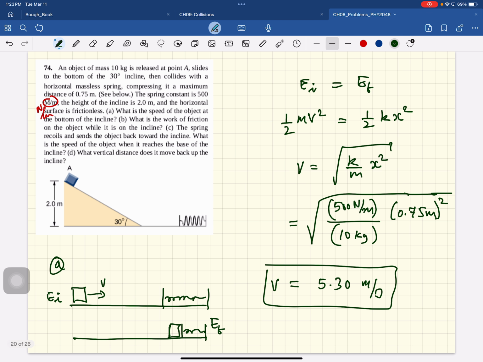And the actual speed was 5.3. So friction slowed it down. Did you guys understand this part?